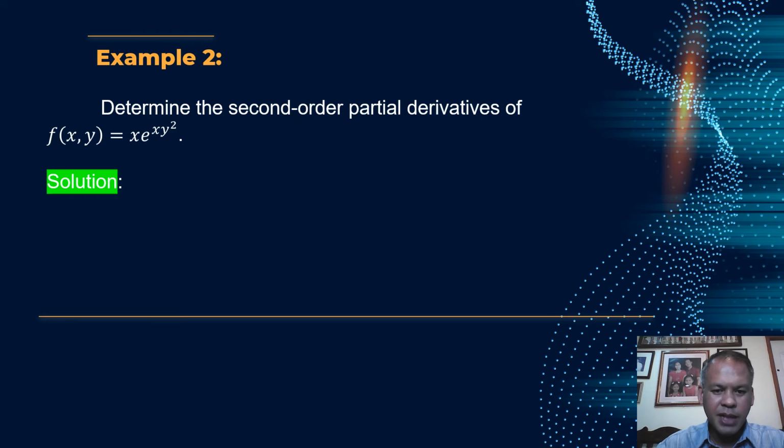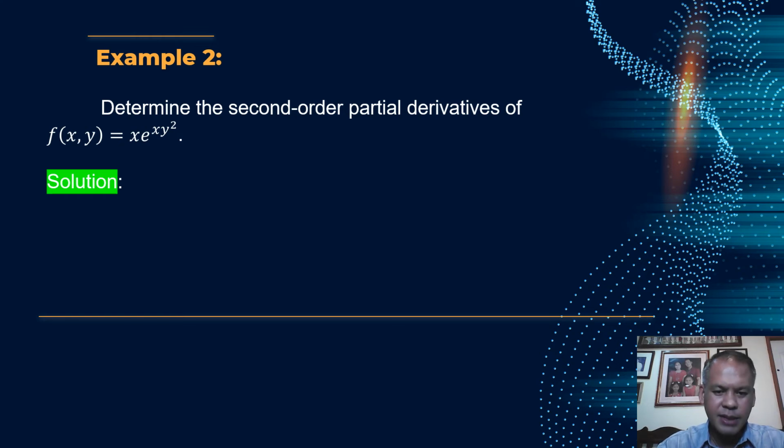So consider the technique u dv plus v du, considering x as u and e raised to xy squared as our v. So we simply copy x first, then multiply by the derivative of e raised to xy squared, which is e raised to xy squared times y squared.